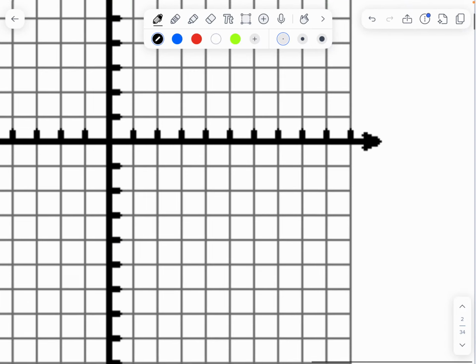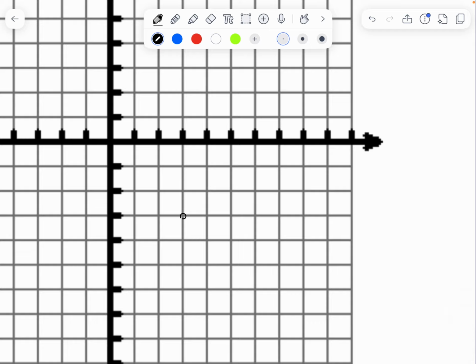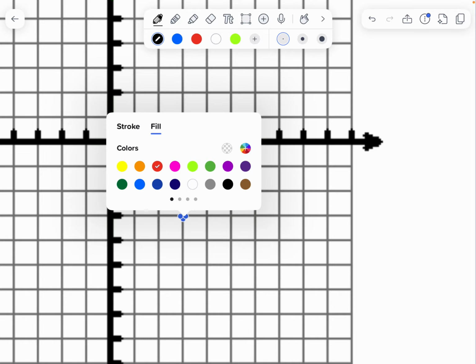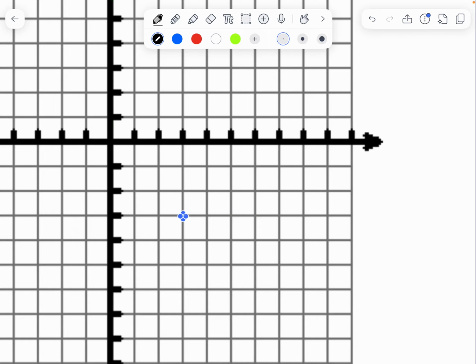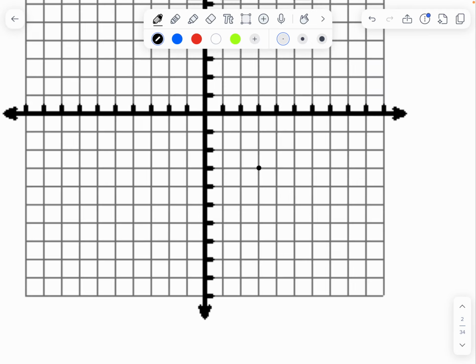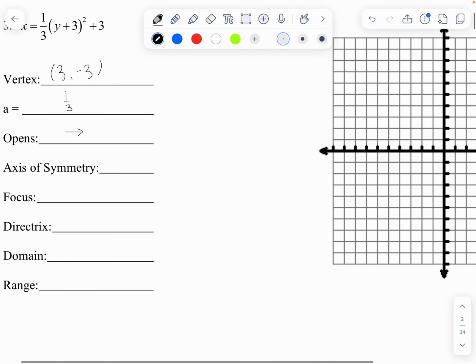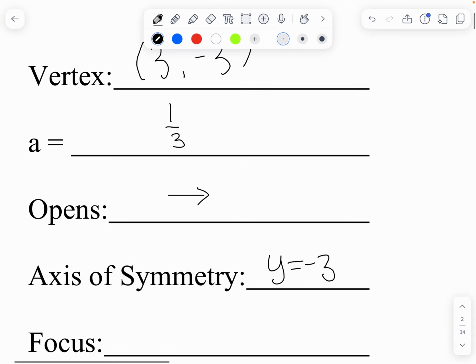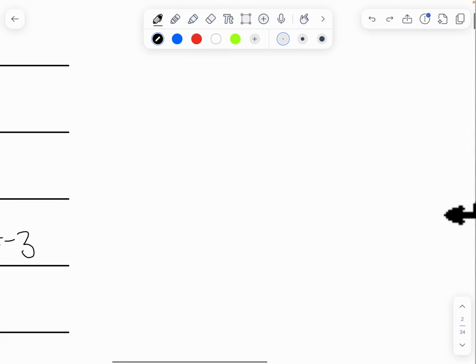So let's graph this. And the axis of symmetry is y equals negative 3, because of this number.